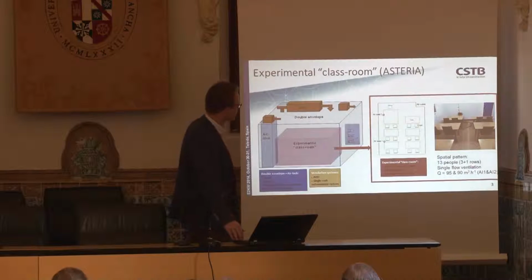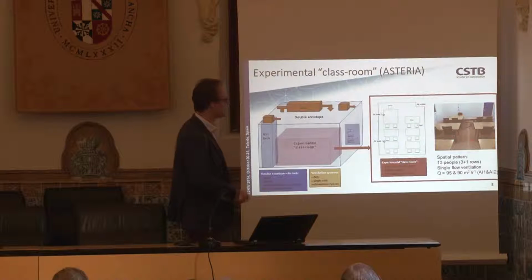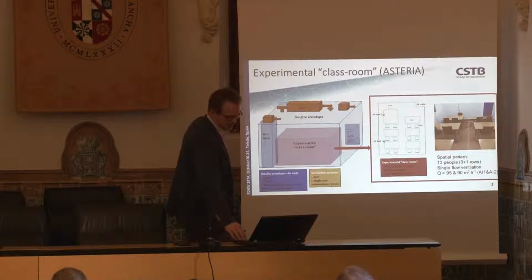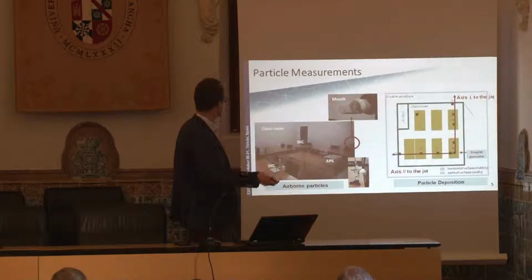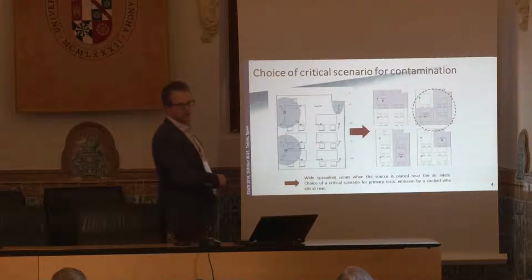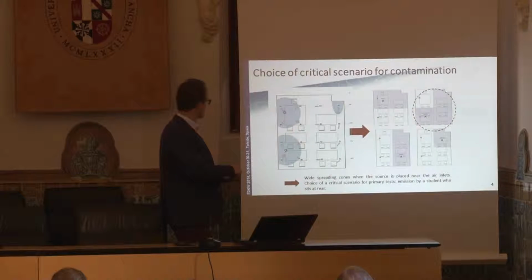Our contribution to this project was to implement an experimental device in order to spread these droplets into these environments, and we characterized the airflow distribution within the room. You can see here on the left part of this slide the air inlets and air outlets within the room. Here are the tables and here are the chairs.